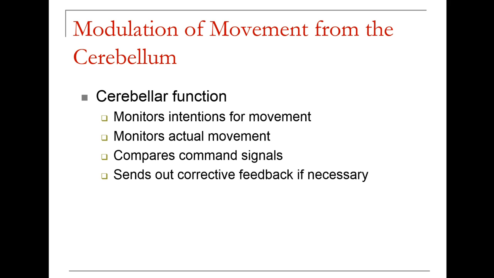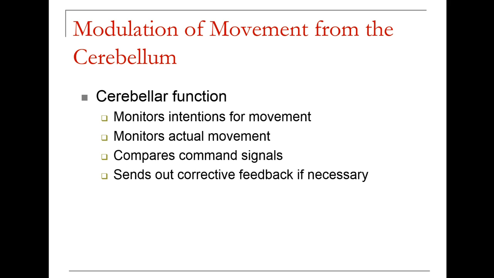All right, so let's look a little more at what the cerebellum does in relation to this indirect pathway and some of the functions of the cerebellum. So the cerebellum will bring together some motor signals coming down from the cerebral cortex with sensory information coming up from the body through that reticular formation.